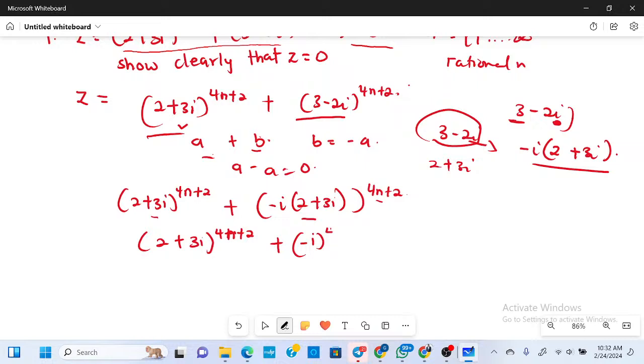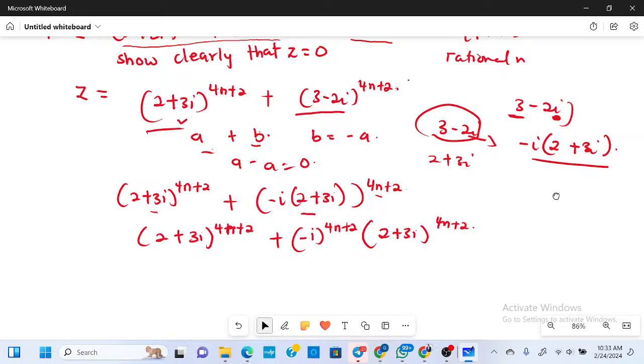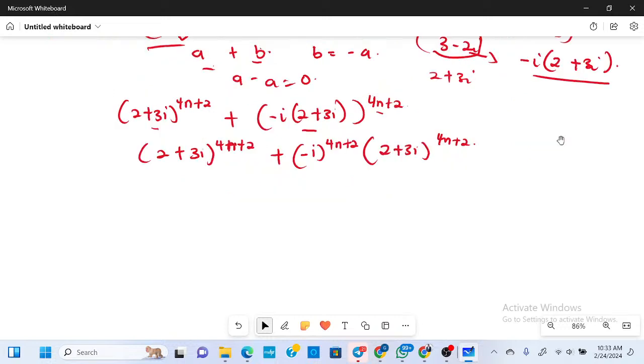So negative i to the power 4n plus 2 multiplying 2 plus 3i to the power 4n plus 2. So at this point, I'm only left to get rid of this so that I'll have my two expressions being equal. So I still write 2 plus 3i to the power 4n plus 2.